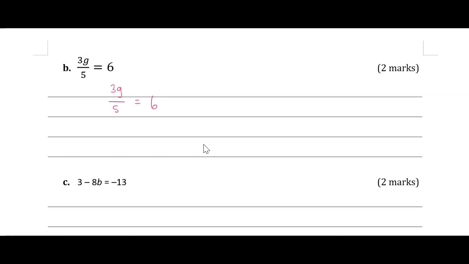If you're going into battle, the strongest person is going to protect the princess or the king or whatever. Everyone else is out in the battlefield and you're going to get rid of them first. So the divided by 5, we want to multiply by 5 to get rid of that. So they disappear and then we're left with 3g equals 6 times 5, which is 30.